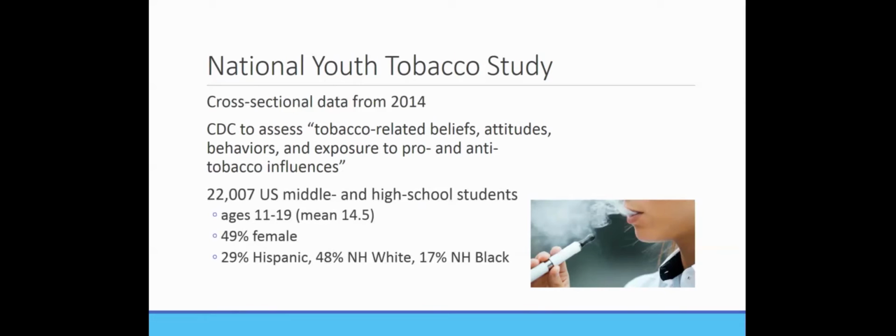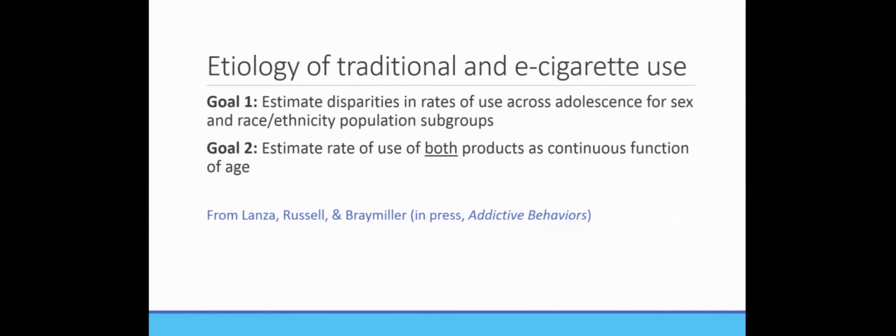We had 22,007 U.S. middle and high school students, so a very large sample. And the students in this sample spanned ages 11 to 19. Okay, so that gives you a flavor, a window into our thinking right now. We were interested in looking at correlates of e-cigarette use across ages 11 to 19 with cross-sectional data. And it was nationally representative data, so it matched population characteristics pretty well.